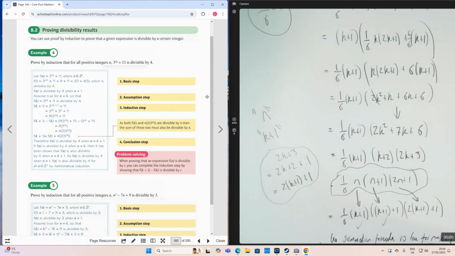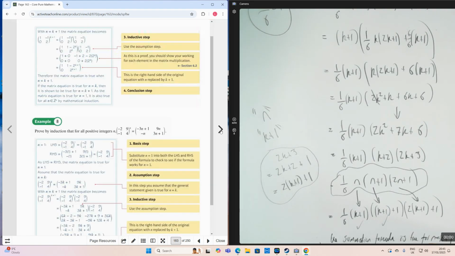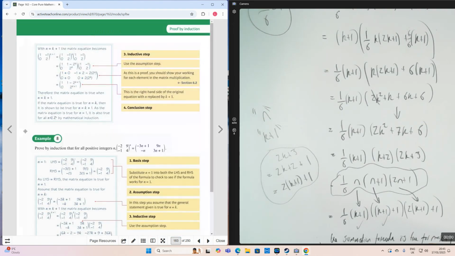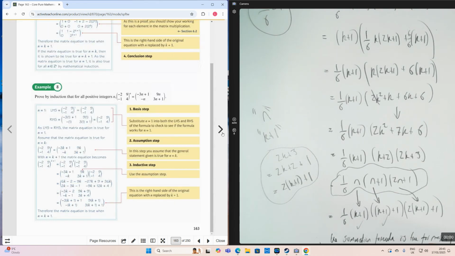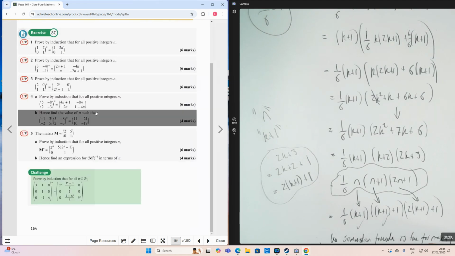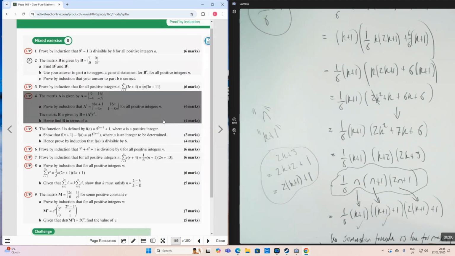Okay, so that's another type of proof by induction. And then the third type is matrix algebra. Okay, so yes, proof by induction can be used in matrix algebra as well. So that's the third kind of example of where we can use proof by induction.